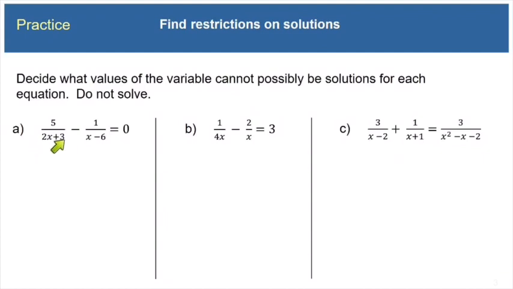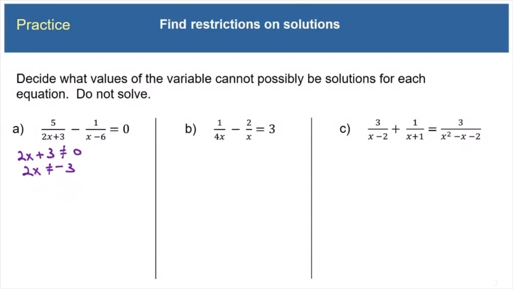So we can't let 2x plus 3 equal 0, and we can't let x minus 6 equal 0. First let's take 2x plus 3. 2x plus 3 cannot be allowed to equal 0. I'm going to solve this just like I would if it were an equation, but the line through the equal mark means that we're actually finding out what x cannot be. So 2x plus 3 cannot equal 0, and that means that 2x cannot equal negative 3.